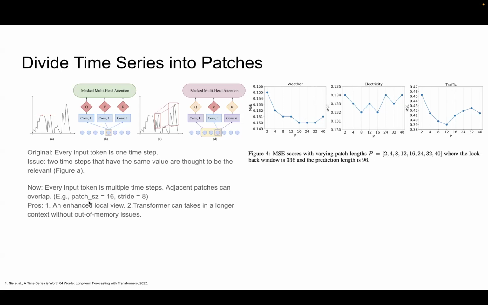So here, every token has 16 time steps, and we move to the right 8 time steps and then define our second token. By looking at more time steps in one token, the model can have a better idea of what's going on in the entire neighborhood instead of just paying attention to one single time step.